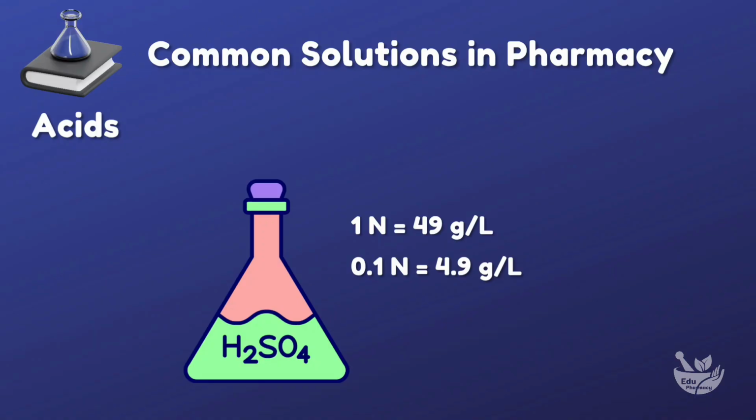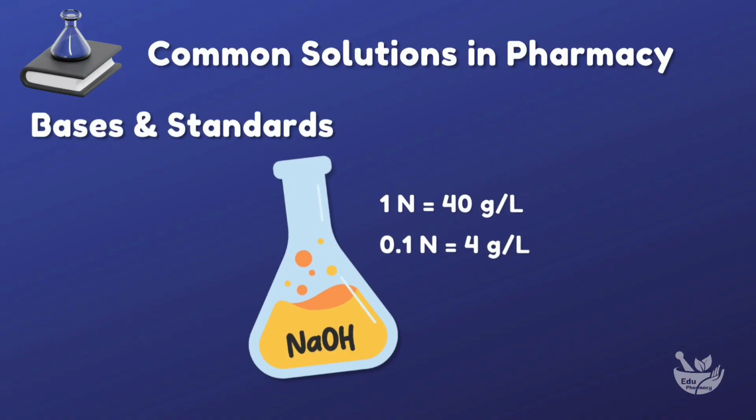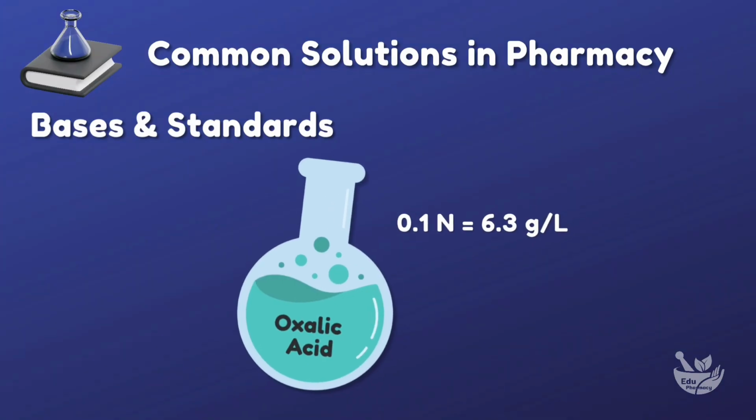Sodium hydroxide. 1 normal requires 40 grams per liter. 0.1 normal requires 4 grams per liter. Oxalic acid, which is often used as a primary standard. 0.1 normal solution is prepared by dissolving 6.3 grams in 1 liter.